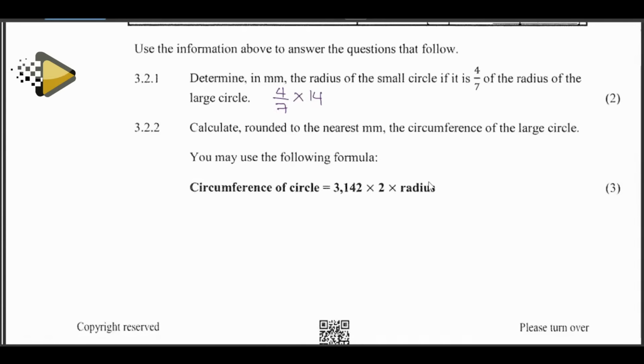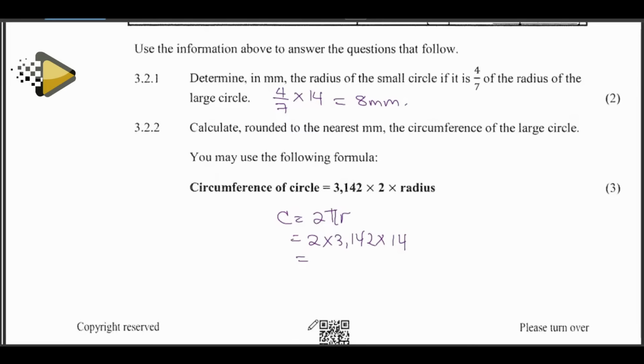4 over 7 times 14, which gives you 8. Don't forget, they're already in millimeters, so you don't need to change them, but don't forget the units. Calculate, rounded to the nearest millimeter, the circumference of the large circle. Circumference always equals 2 pi r, meaning 2 times 3,142 times 14.